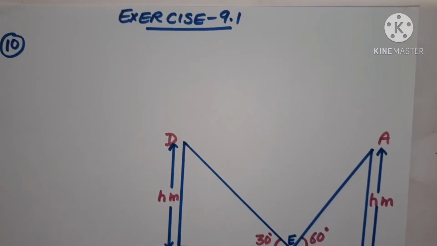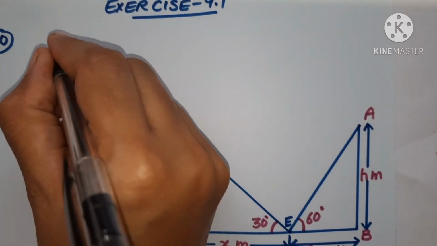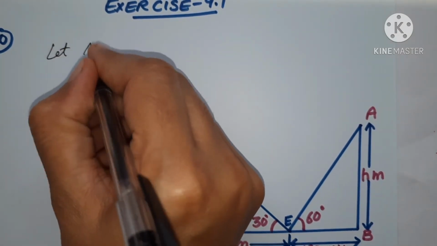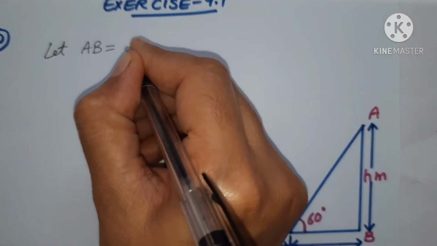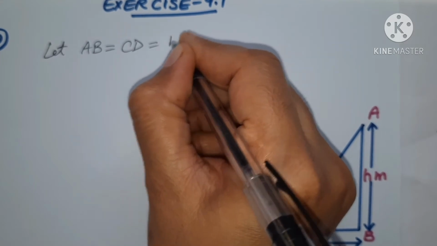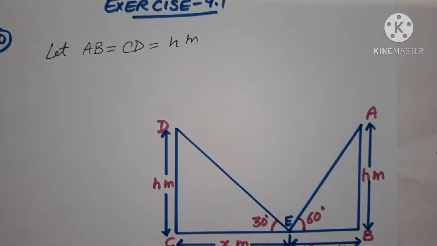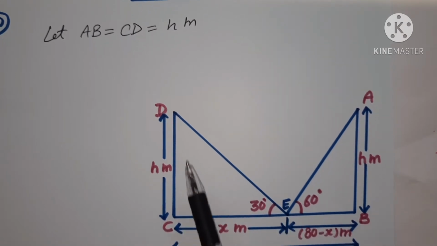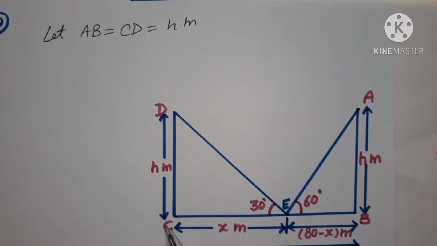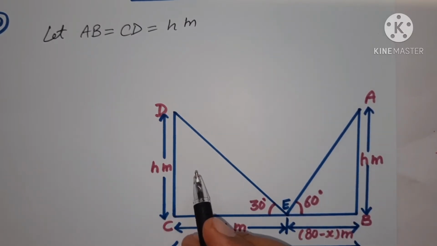So in question number 10, we will write first, let AB be equal to CD, and that is h meters. Because we don't know the height, we consider that the heights of these poles, AB and CD, are h meters.